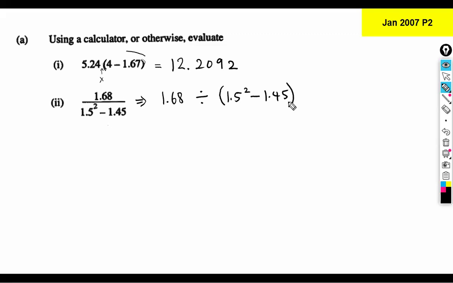Otherwise, the calculator will mess it up, and you'll get a completely different answer. 1.68 divided by, open bracket, 1.5 squared minus 1.45, close brackets. Surprisingly, more people had the more difficult one correct. I would have expected more people to get part 2 wrong, but for some reason, more people got part 1 wrong.